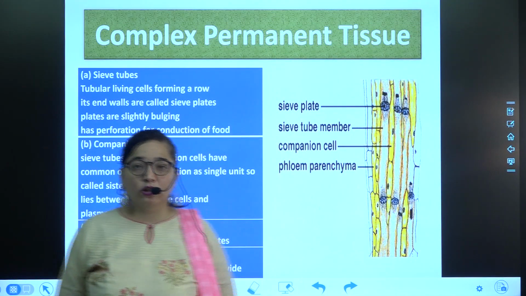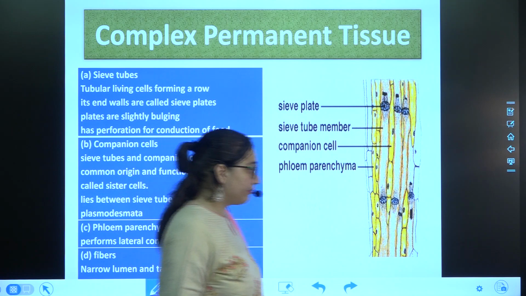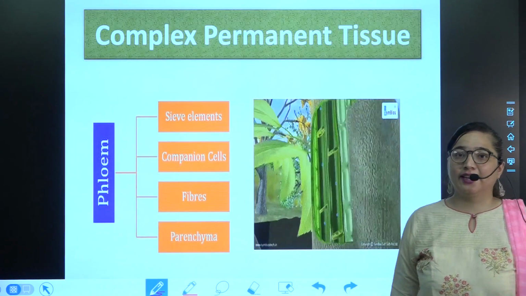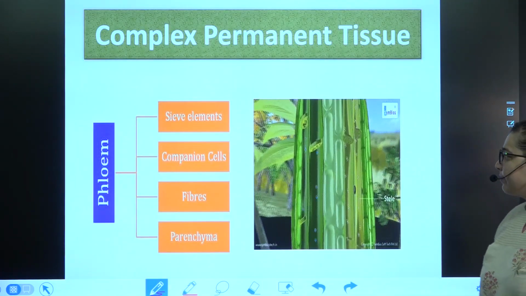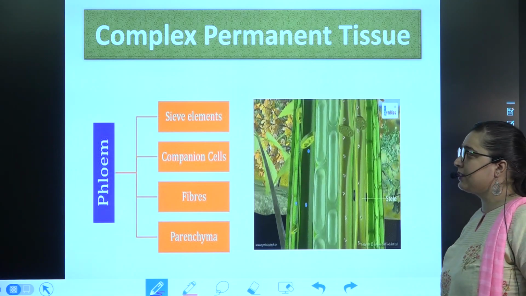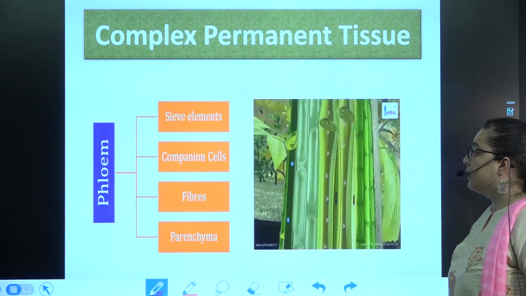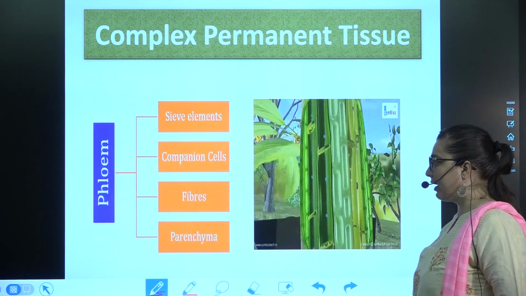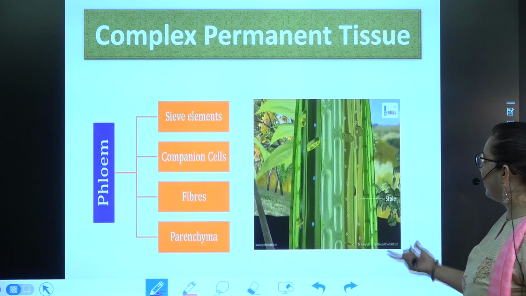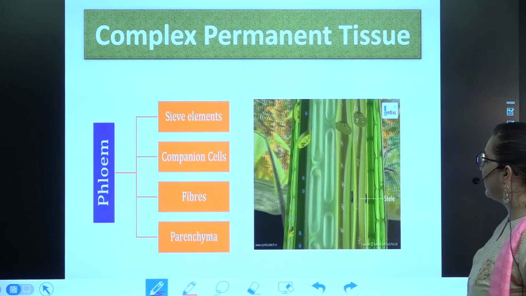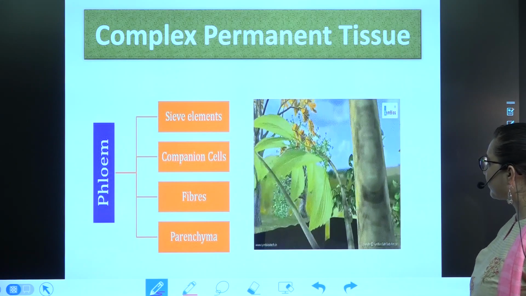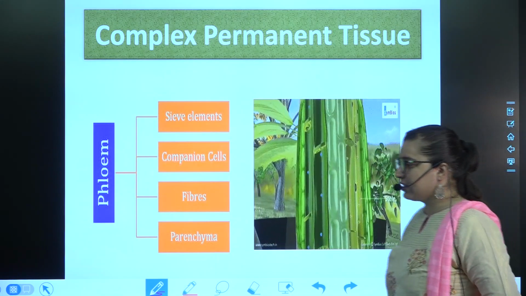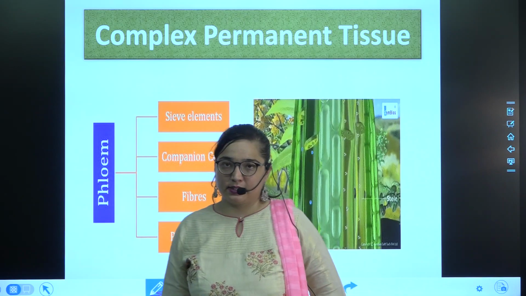Coming back to the next slide, phloem, you can see over here its 4 parts: sieve elements, companion cells, fibers and parenchyma. Here is the view of it. Okay, we have discussed all the 4 parts.